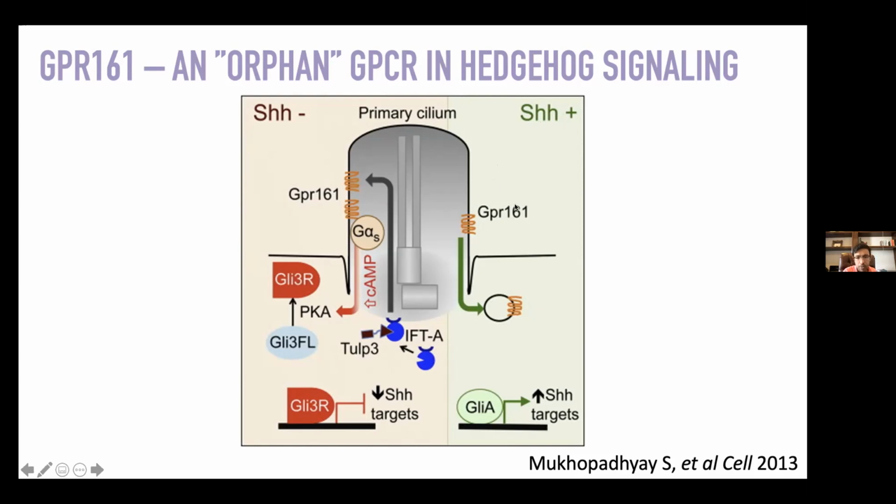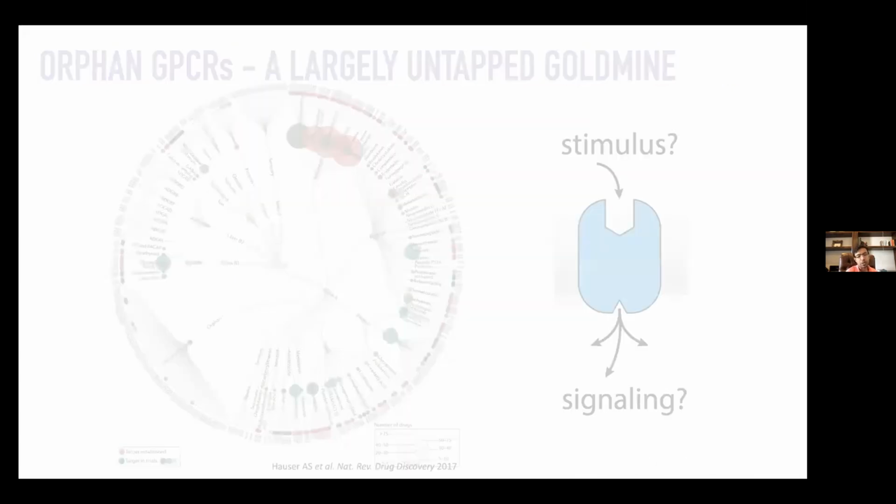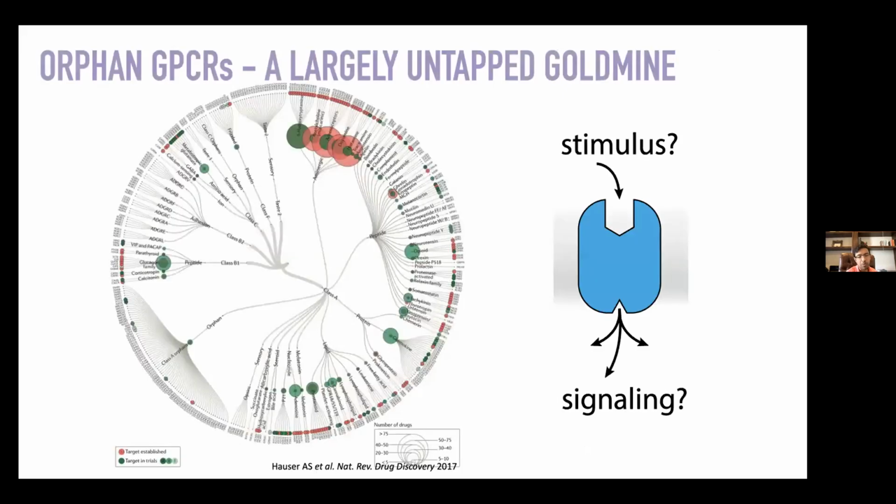While it's clear that GPR161 is a very important part of the pathway, it's been very unclear what actually controls GPR161 activity. It's been proposed that GPR161 is a constitutively active GPCR. But more broadly, one of the things that's really unique about GPCRs is that there's about 100 or so GPCRs for which we have absolutely no idea what their endogenous ligands are.